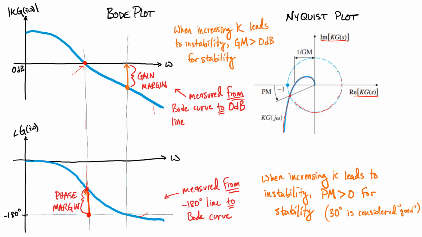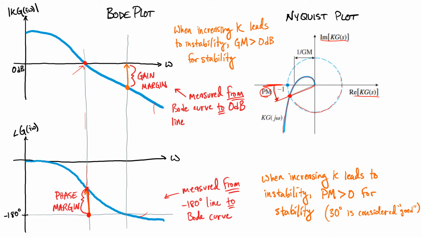The point where that crosses the actual curve for the system, the Nyquist curve, is right here. That means the phase margin is the amount that the phase exceeds minus 180. So this is the angle minus 180.